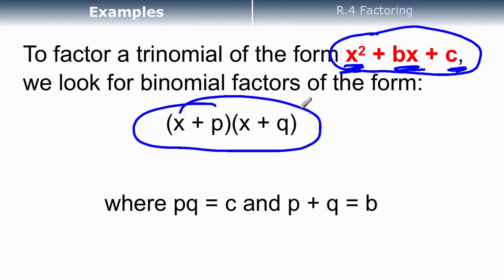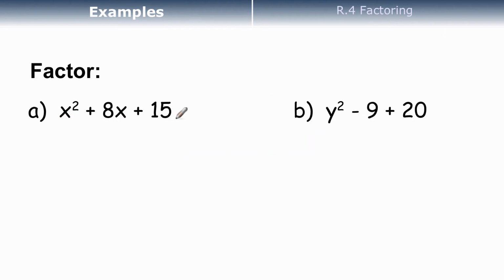If you look carefully at these and at examples, it turns out that this last term is a product of p and q, and that this middle term, b, is a sum of p and q. So when we look to factor something like this, we're looking for two numbers: two numbers that multiply to 15 and add to a positive 8.